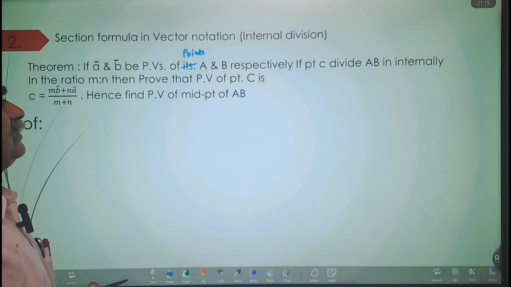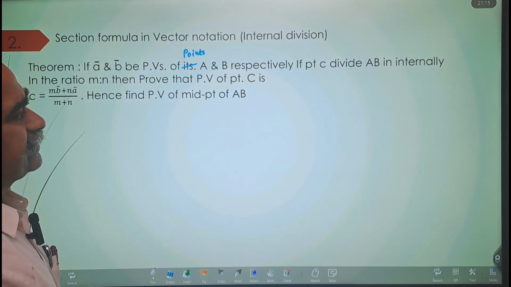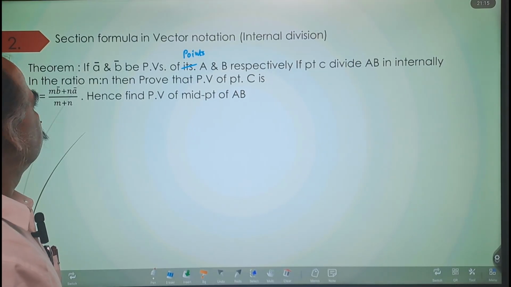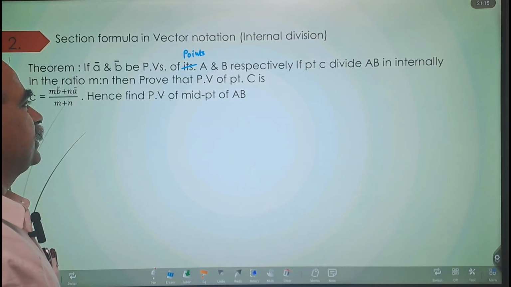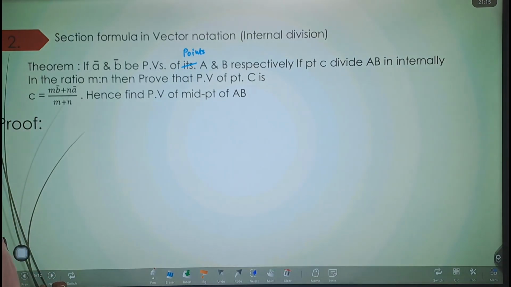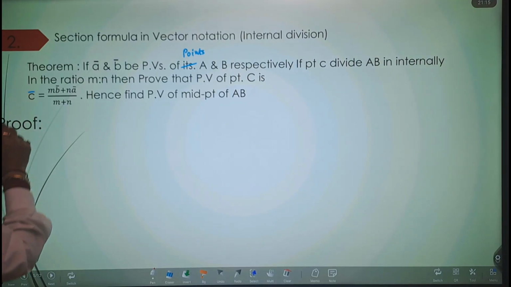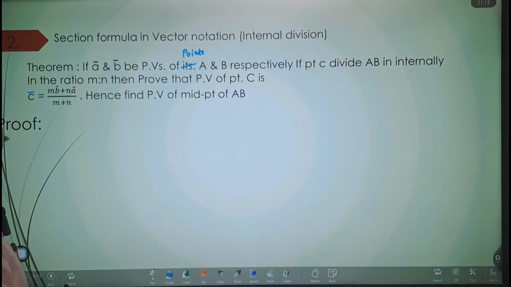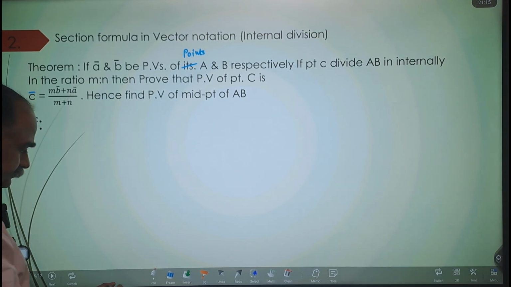Points A and B respectively, if point C divide AB internally in the ratio m is to n, then prove that position vector of point C is given as C bar is equal to mb bar plus na bar upon m plus n. Hence, find position vector of midpoint of AB.